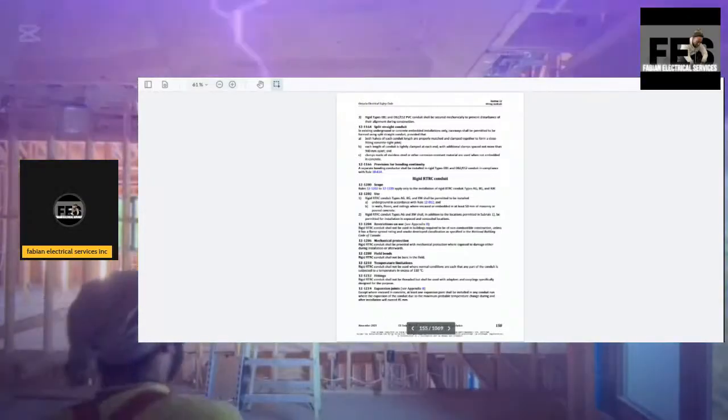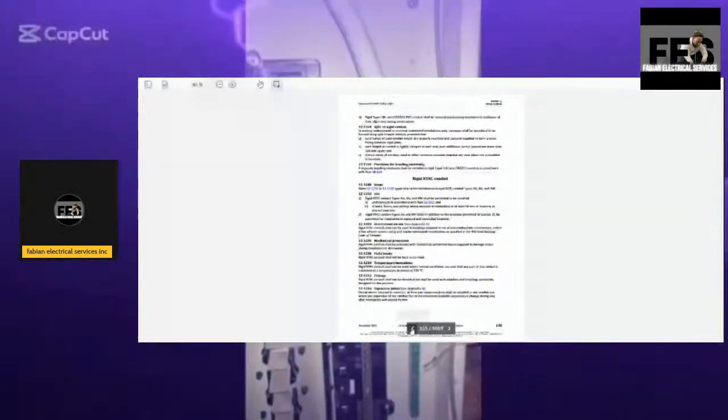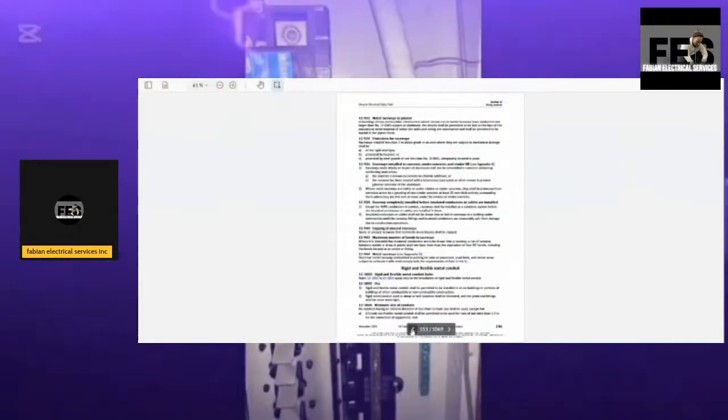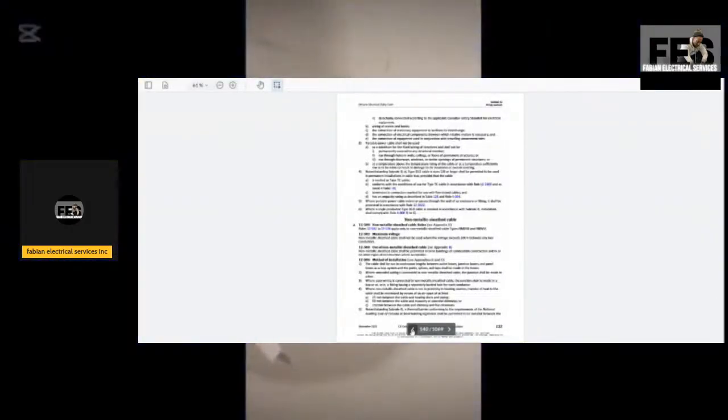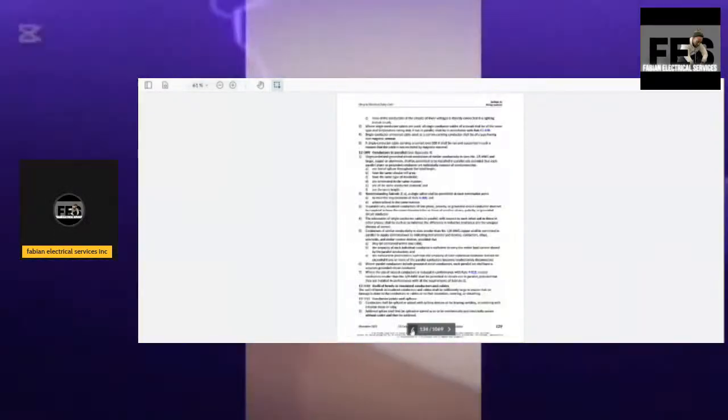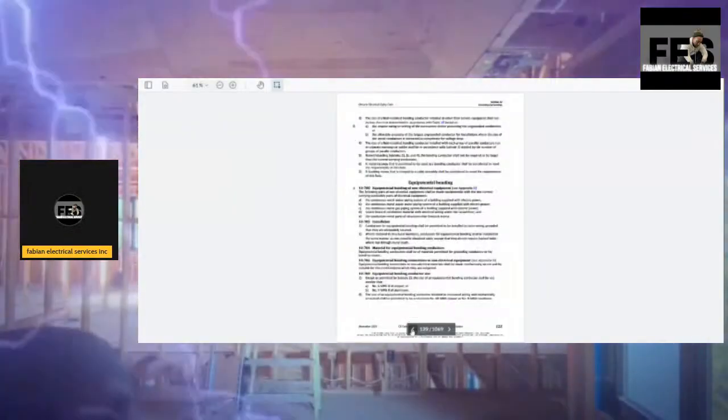So I'm going to continue going back my way here. I'm trying to get to a specific rule. That's why you see I'm heading back towards the front of the code book.